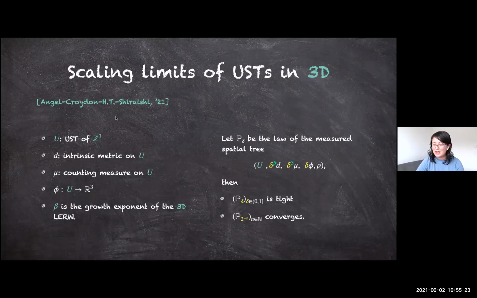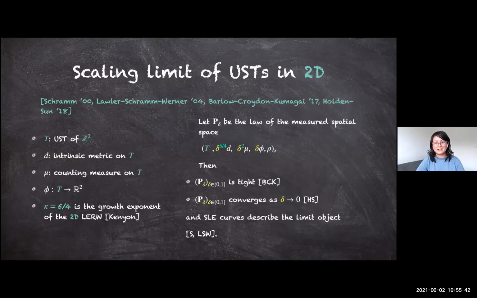We have our uniform spanning tree with a metric and a measure and embedding, but you could define it in the same way in 2 dimensions. And here in this context, we were able to prove tightness and convergence at this moment along a particular sequence. And when I present this result, I usually refer to what is known in 2 dimensions.